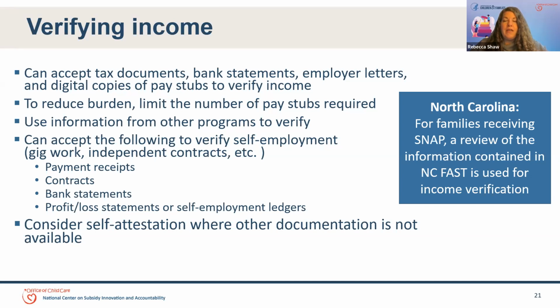Documentation for self-employment can include contracts, bank statements, or payment receipts. You can also consider self-attestation if there is no other option. If documentation cannot be provided to prove self-employment income, you can allow applicants to self-certify by providing a signed and dated statement that includes a description of their work and amount of income earned in the past month.